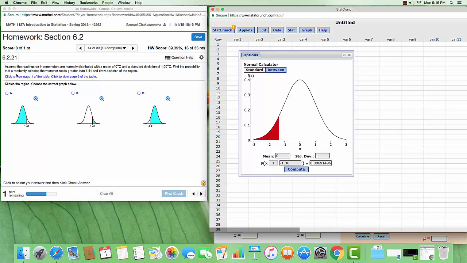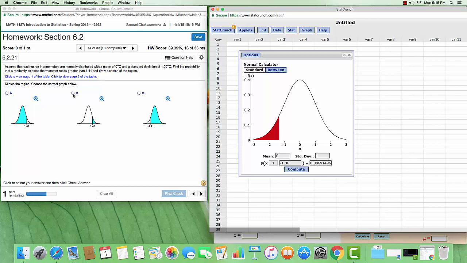Find the probability that a randomly selected thermometer reads greater than 1.41 and draw a sketch of the region. So greater than 1.41 is actually this here.